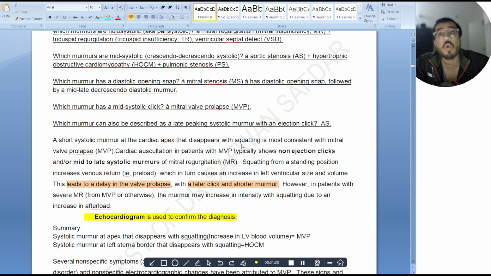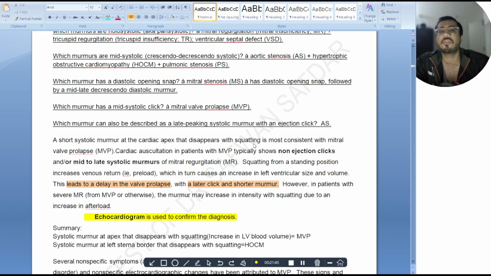What happens during squatting? We're going to discuss it as we go. What happens during squatting? Increased preload, so a greater amount of blood in the chambers. Which murmurs get softer with a greater amount of blood in chambers? That is HOCM and mitral valve prolapse. They have mentioned cardiac apex, so this murmur would be mitral valve prolapse.